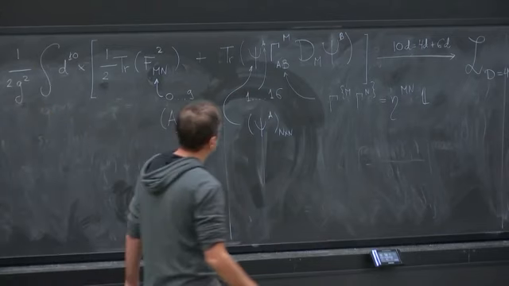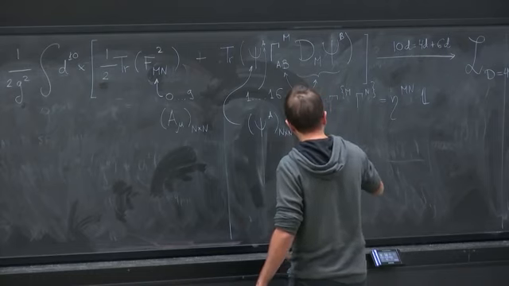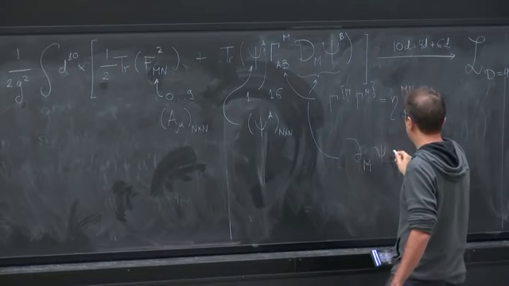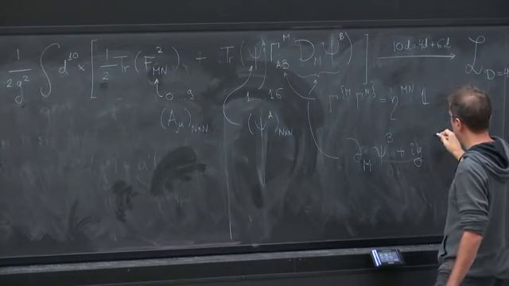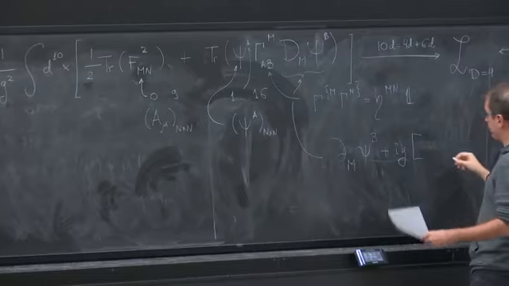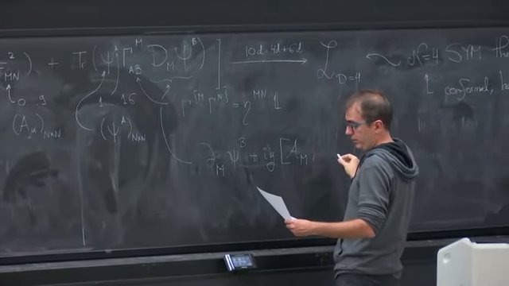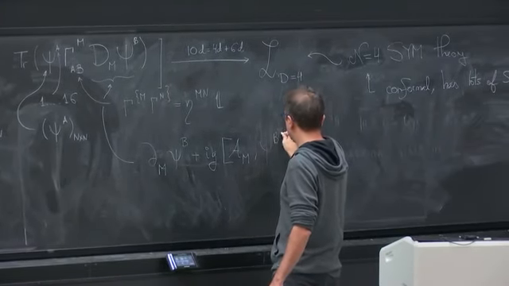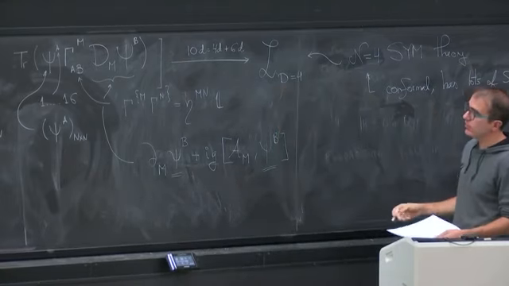And this derivative here is defined as the derivative with respect to M of psi plus i g commutator of A_M with psi_B. Or any field, you just replace the field, you put it here. That's how the covariant derivative acts.